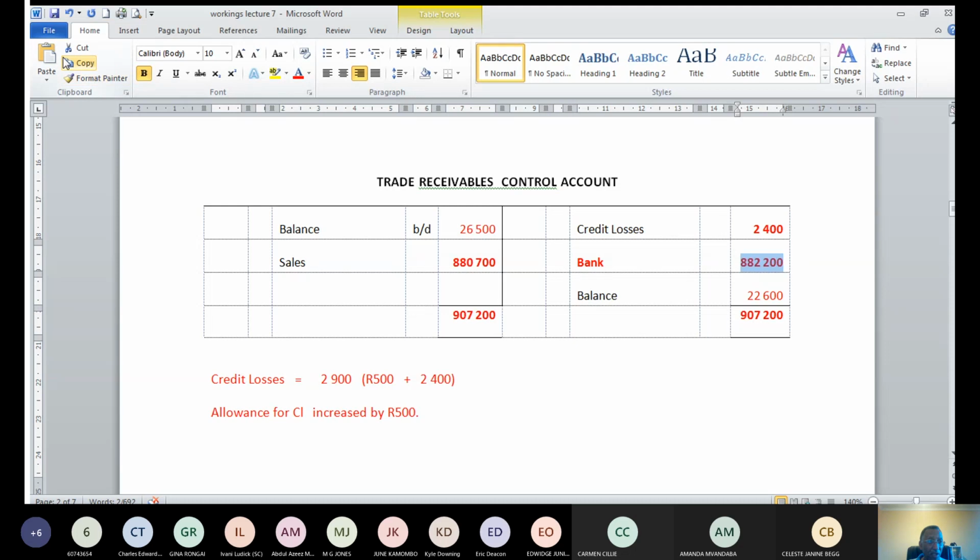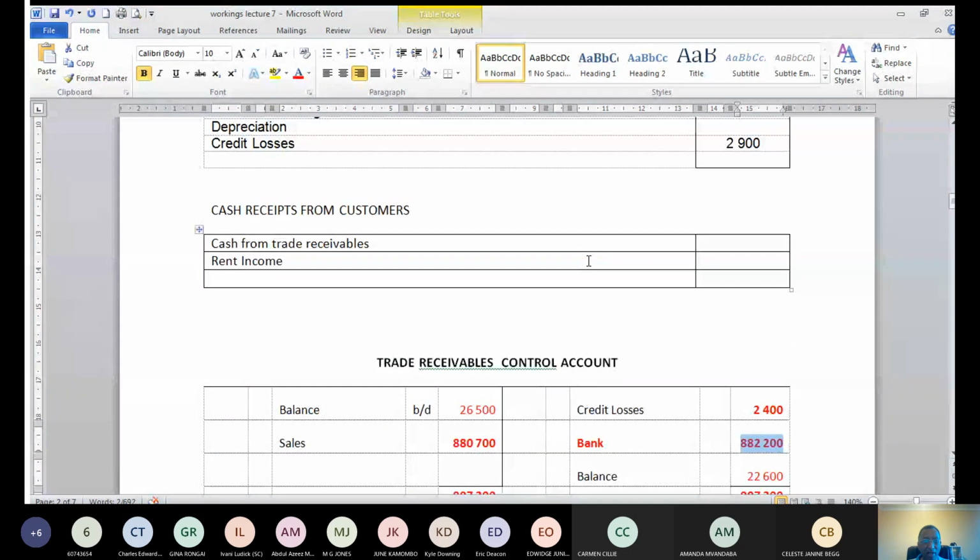So if I ask you now, what is the answer for number one? The cash receipts from customers. The cash received from my trade receivables is therefore the amount of 882,200, and that amount is calculated in my trade receivables control account.